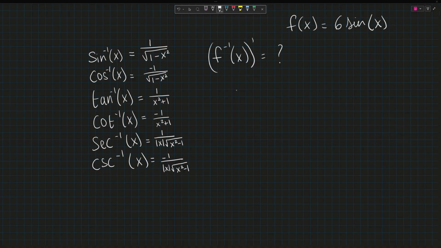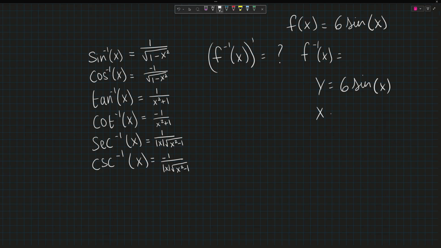Now, if I were to ask you the same question with f of x being 6 sine of x, you can do it both ways. The first way I showed you, where you take the inverse directly: f inverse of x is equal to, okay, I'm going to write this as y equals 6 sine of x.